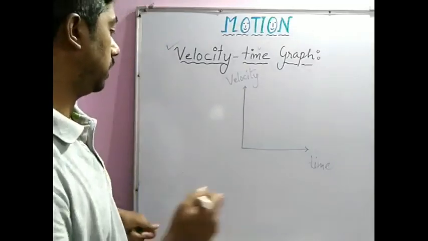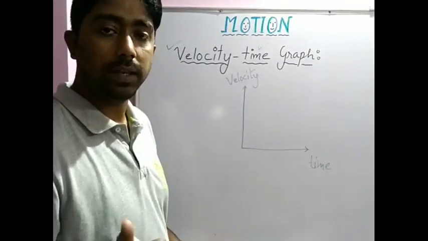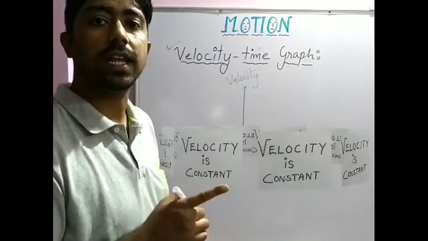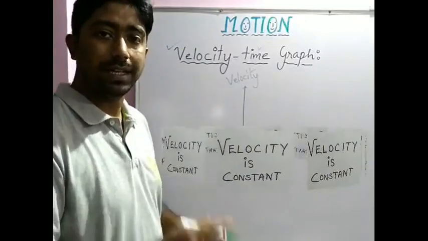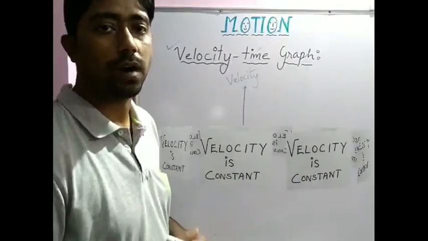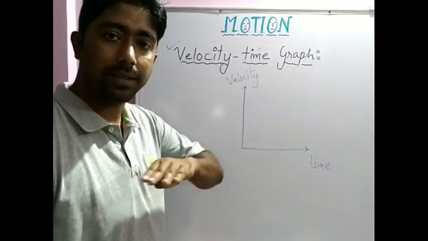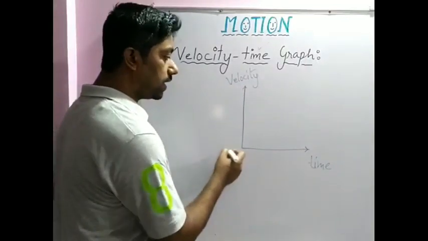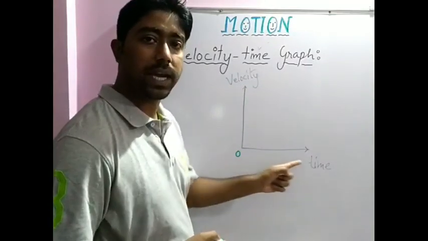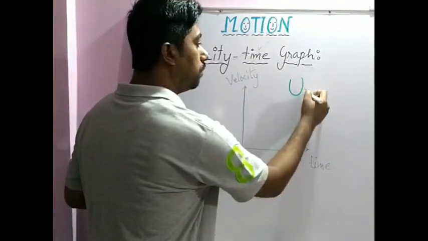What is uniform motion? Motion is said to be uniform when velocity is constant. Remember, when velocity is constant, that kind of motion is said to be uniform motion. Constant means it will not change with time. It will remain the same with time.